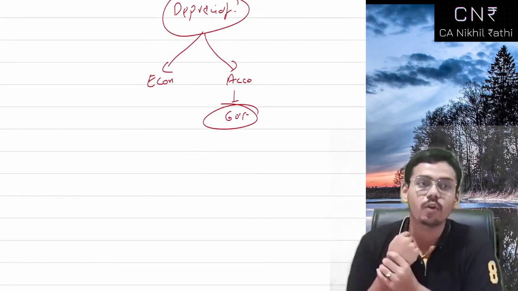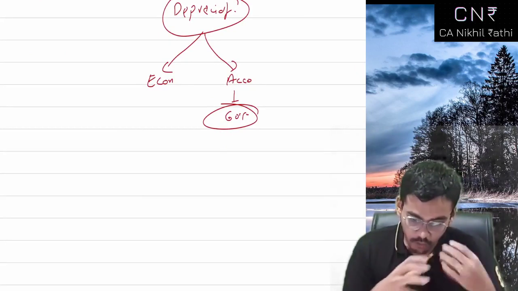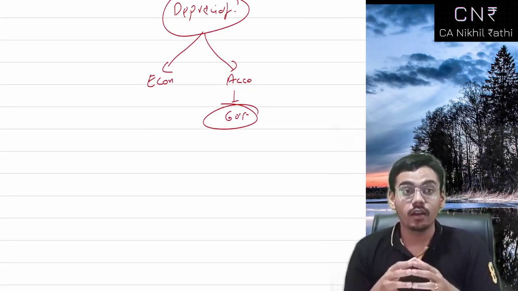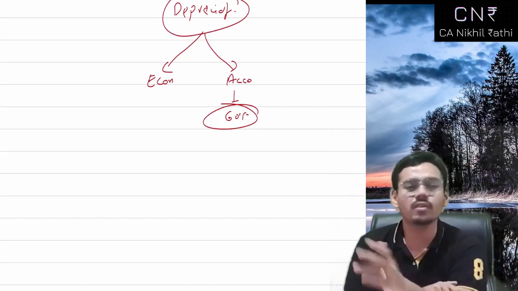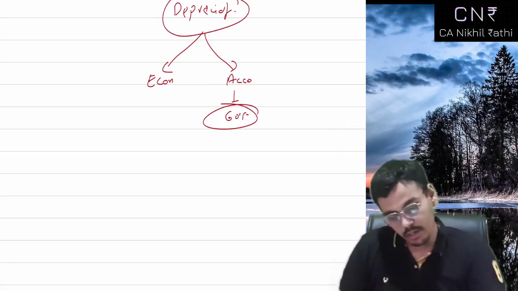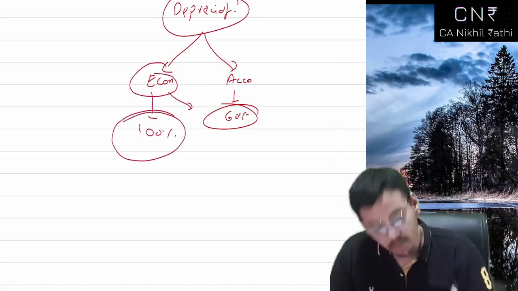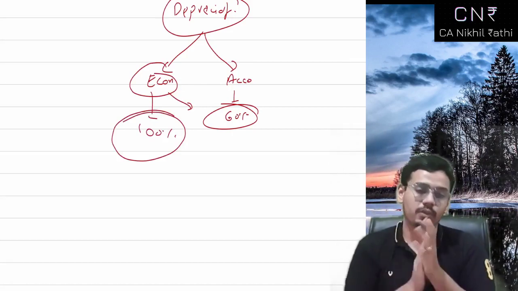But economically, what is happening? Since mobile technology is evolving so rapidly, this year's tab would have nil value next year. This is pretty common in mobile technology. So economically, this tab should be depreciated 100%, because practically from next year, it won't be of any use for my company.